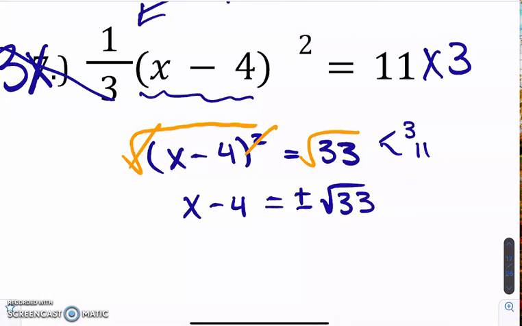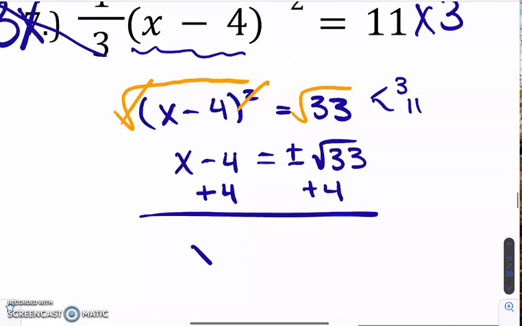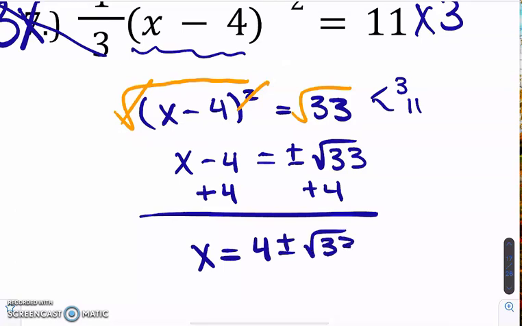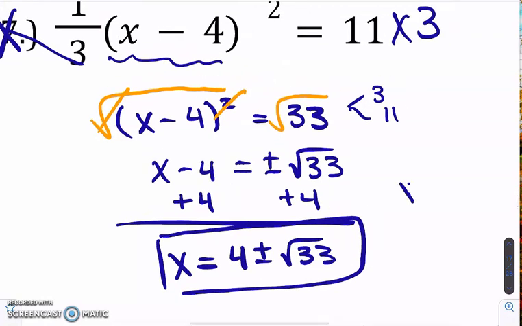Okay, so we still don't have x by itself yet though. So the last thing to do is add the 4 over. So now we do have x by itself, but we can't combine these together. 4 is a regular number, 33 is an irrational radical. So we don't want to make this like 29 or 37. We just simply have that positive 4 plus or minus the square root of 33. You could also write it as positive or negative square root 33 plus 4.